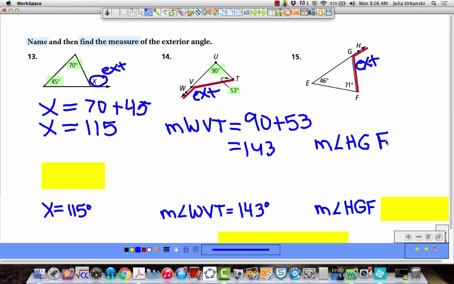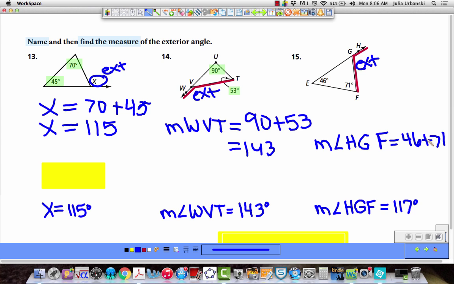Alright, what do you got? Good. 46 plus 71. Alright, now sometimes in the things you'll be practicing, they might give you one of the inside angles, and then you'd have to subtract. You'd have to use this rule to figure out the one that's missing.